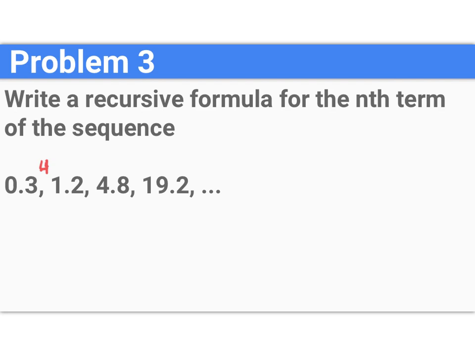Okay, so if our ratio is 4, we got a sub n equals 4 times a sub n minus 1. And when it's a subscript, that means you need the preceding term, the term before it. Series questions come up on standardized tests, so it's good to know them.